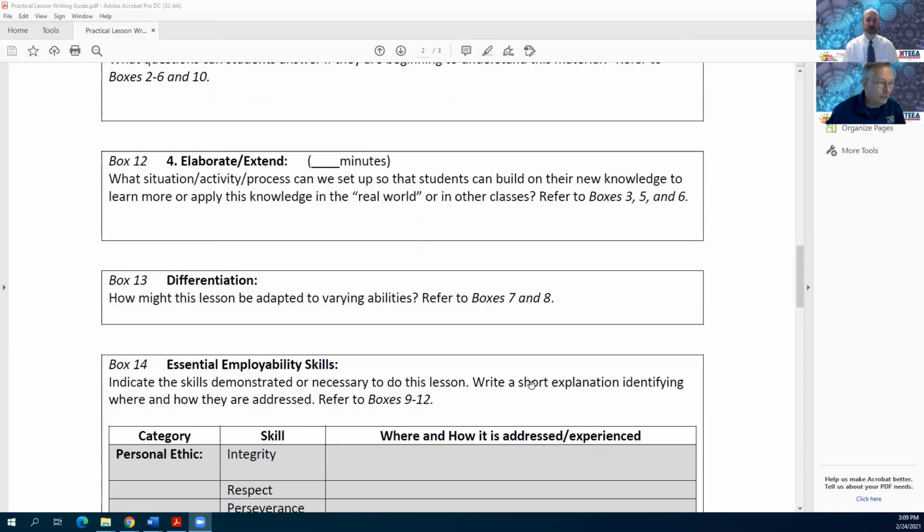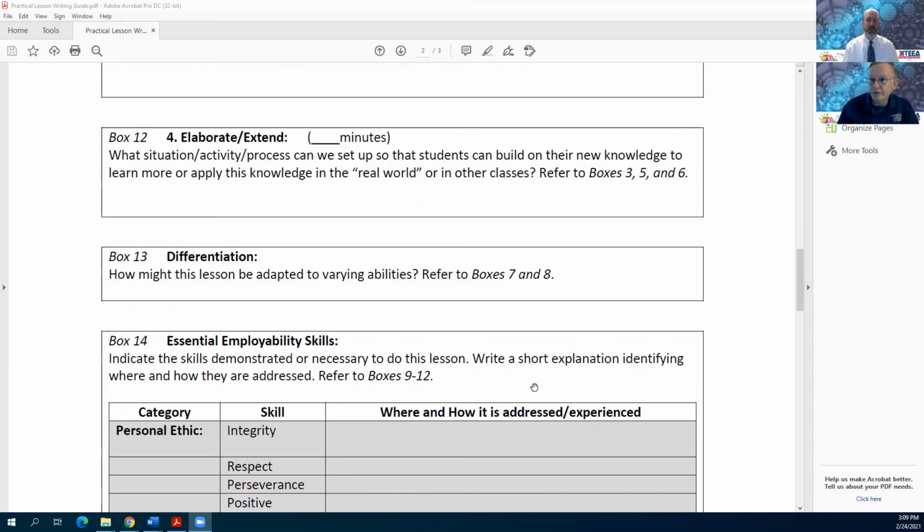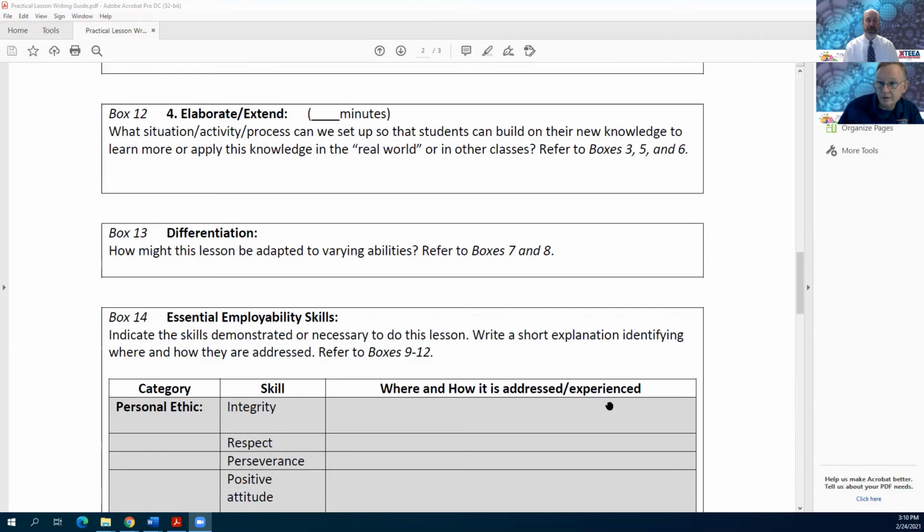Now, in our system, when we're writing our curriculum, we're looking at differentiation. How do you need to modify this for differently abled students? Maybe change the reading level, put them in groups, things like that.